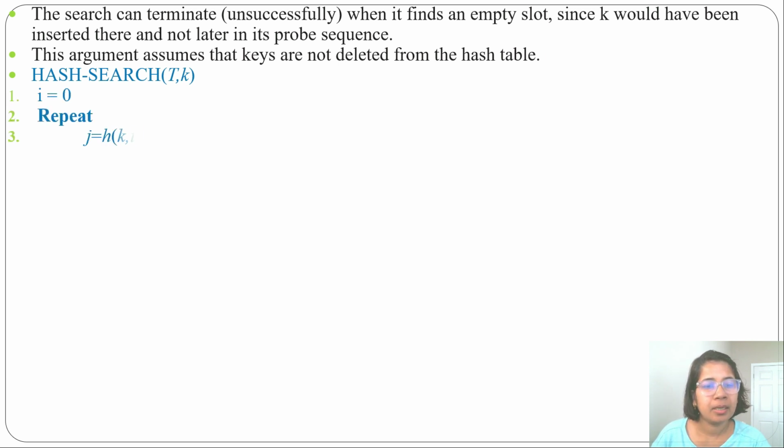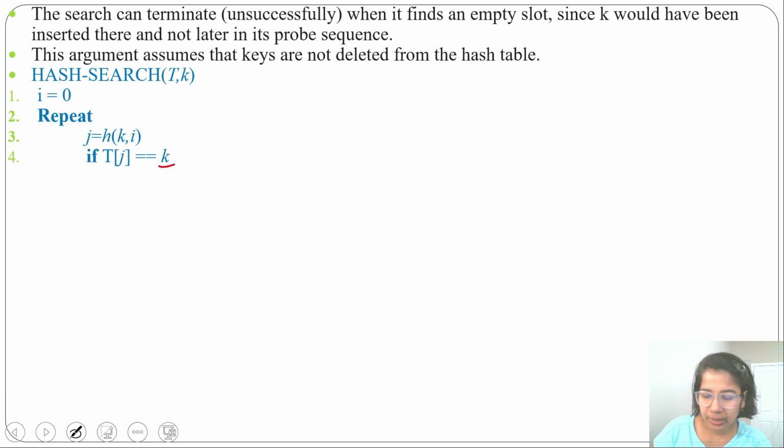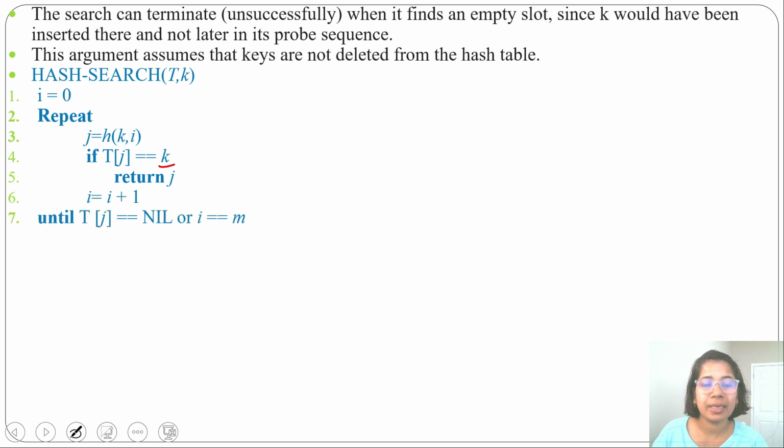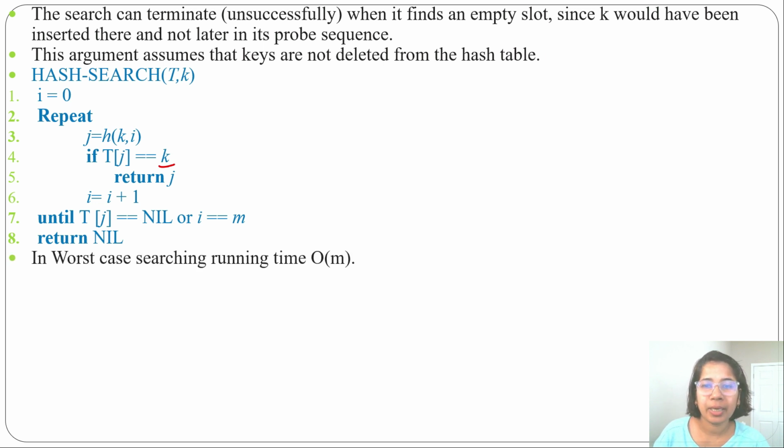Then repeat: j equals h of k, i. If T of j equals k, meaning the key is present in T of j, then it will return j, else i will be i plus 1. We will search in the next slot, and that will continue until T of j equals nil or i equals m. In the worst case, the searching running time can be order of m.